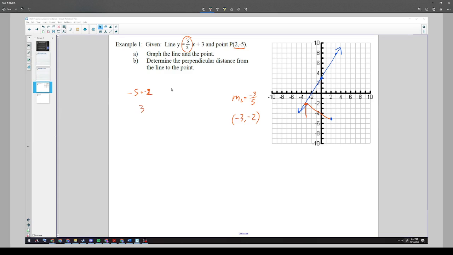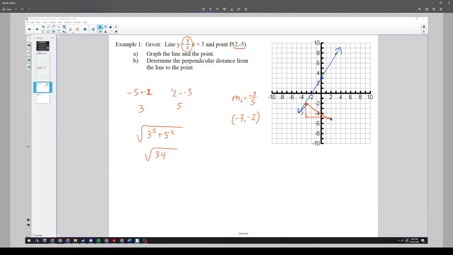So we're going 3 vertically, and then horizontally we're going 1, 2, 3, 4, 5, which we get from 2 minus -3 is 5. Using those x and y distances, we can calculate the square root of 3 squared plus 5 squared. So that's the square root of 9 plus 25, that's the square root of 34.